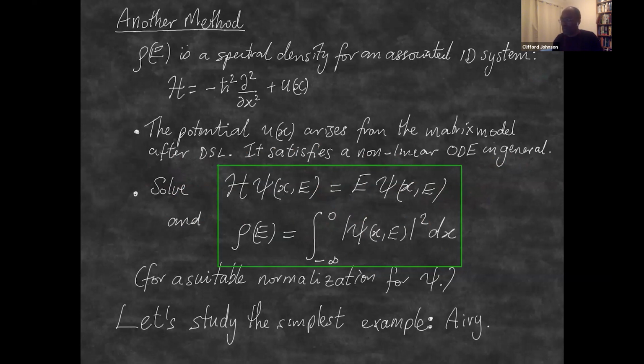There's the Schrödinger Hamiltonian with some potential u, and if you solve the spectrum of H, the eigenvalues and eigenfunctions, and construct the spectral density I've written there in the middle, where I integrate over x from minus infinity to 0, I will build this spectral problem, and I'll show you how to do it in a moment, which will indeed be the same spectral problem that we're trying to solve from JT gravity.